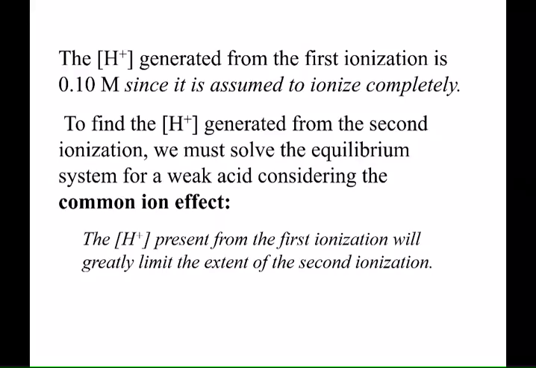Where'd that come from? It's not 0 anymore, from the initial ionization. What's the molar concentration of your sulfate ion initially? 0. Yep. And then, like we've been doing, if we're just focusing on the second ionization, we're looking at the amount of this that's going to ionize. Stoichiometry is 1 across the board. So at equilibrium you have 0.10 minus x, 0.10 plus x, and x.